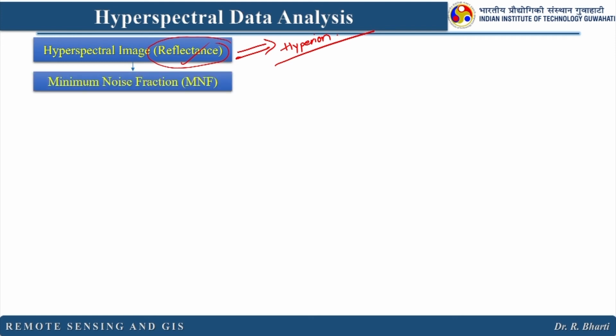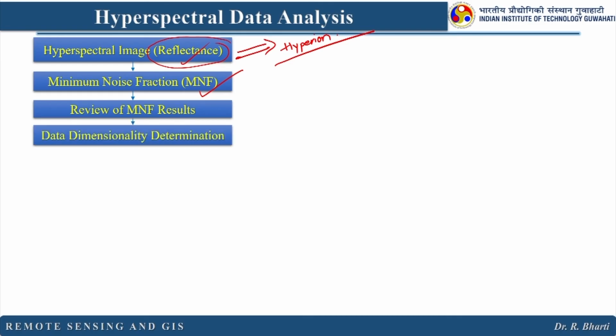So we need to find out how much data redundancy we have in the captured data, and that we will remove by using this minimum noise fraction. I will cover this in the next few slides.